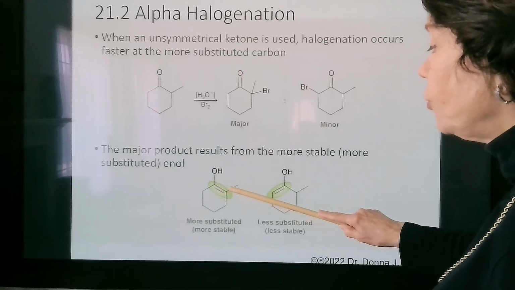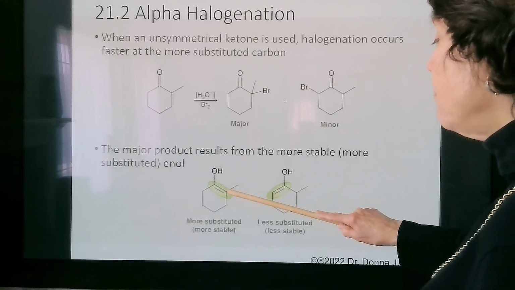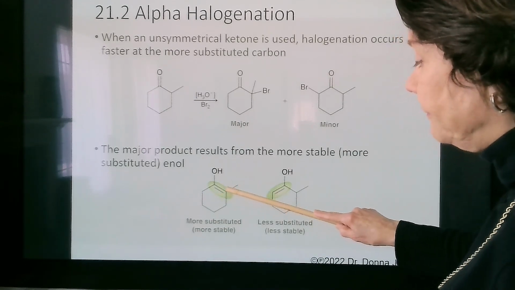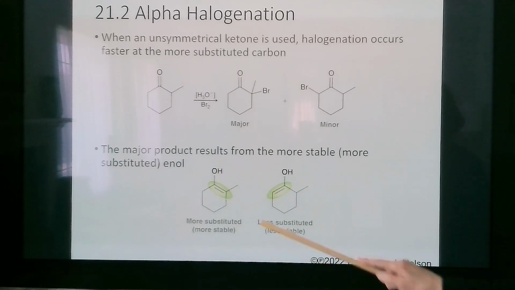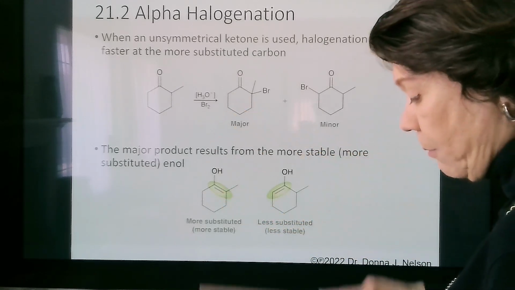This is the more stable enol because this is the more highly substituted double bond. So you go through the more stable intermediate and you wind up with a less stable product.